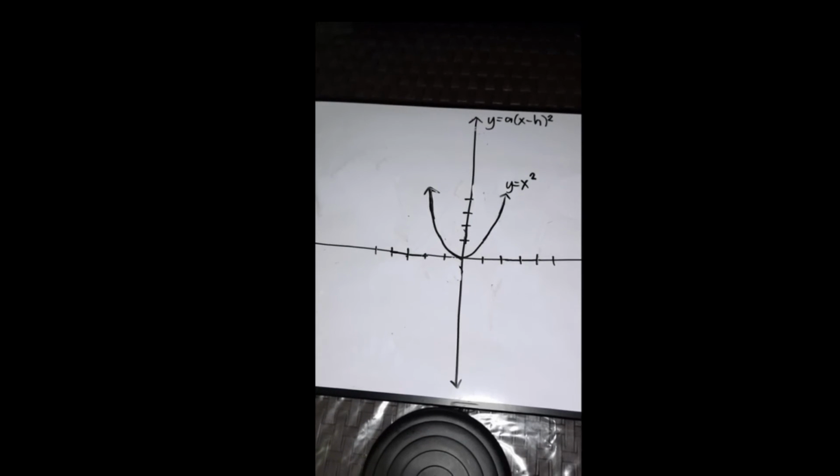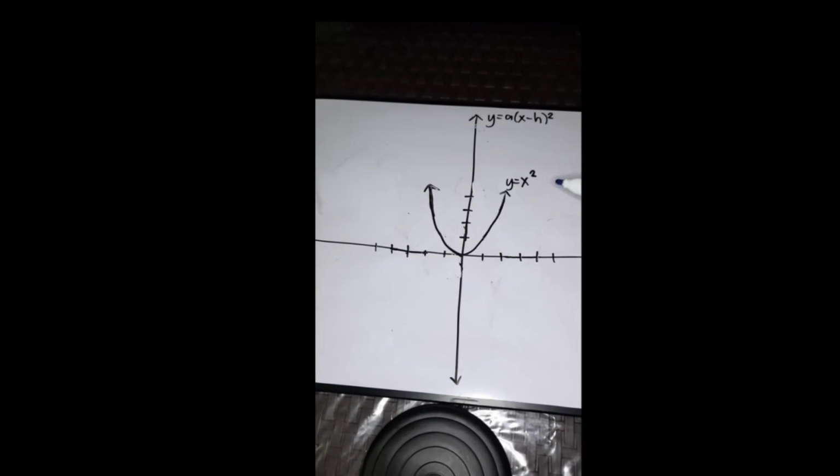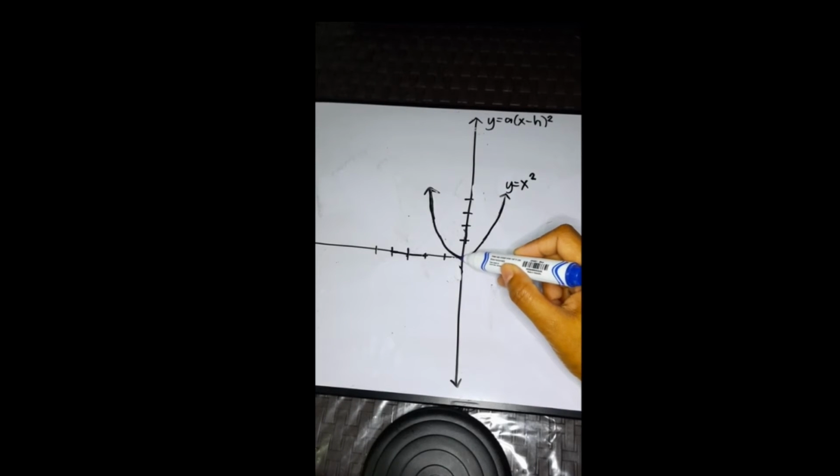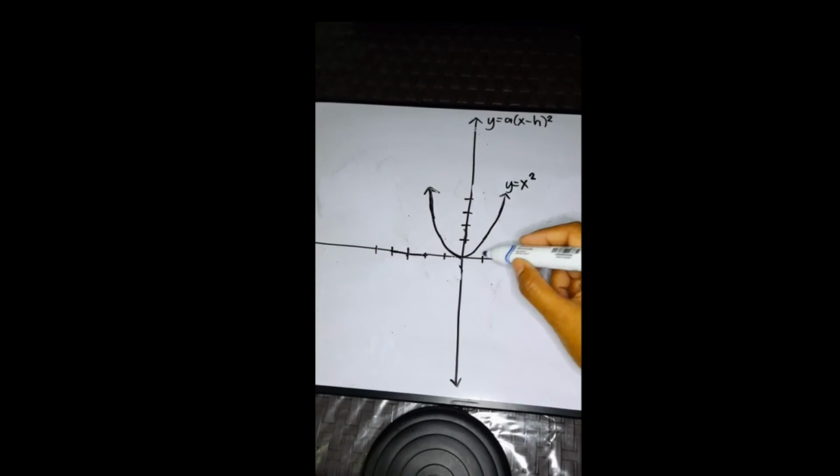Okay, so for example, we have y is equal to x squared, and we are going to shift the graph y is equal to x squared 3 units to the right. Okay, so we are going to shift the vertex from 0, 0. We are going to count 3 units to the right.